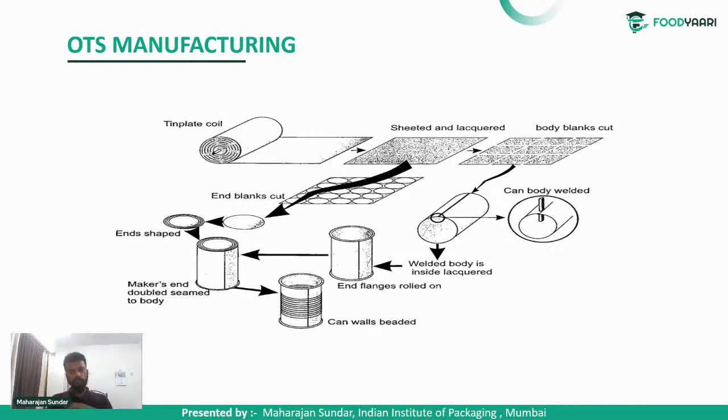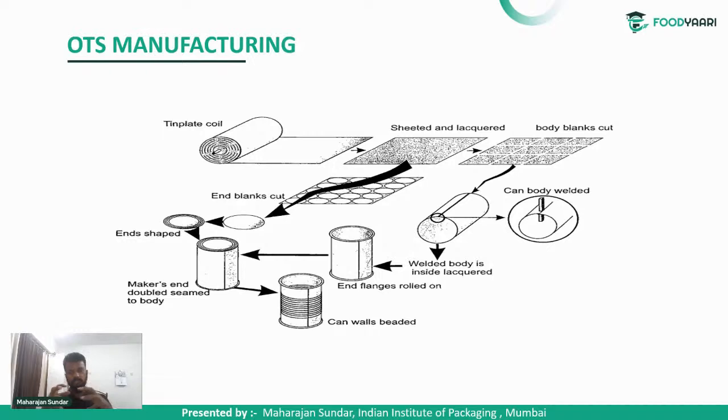It is because all these containers are further used for retorting. You know about the retorting process. For retorting purposes, the metal container will expand when the food products inside exhibit internal vacuum pressure, and the heat will create external pressure.